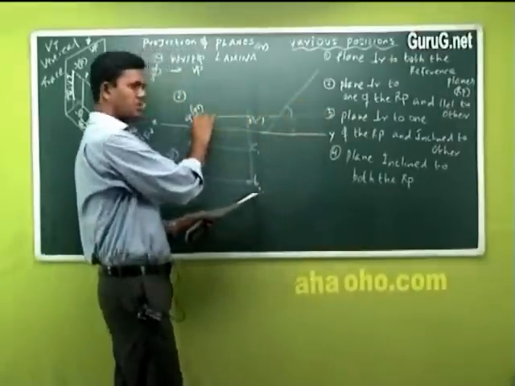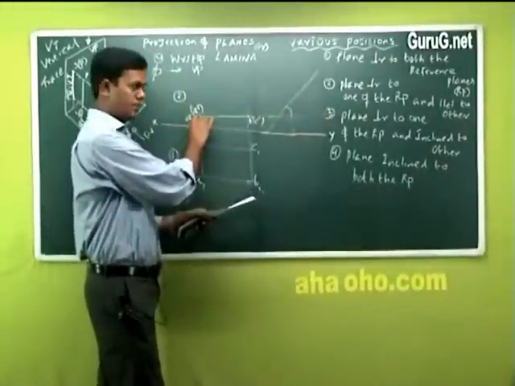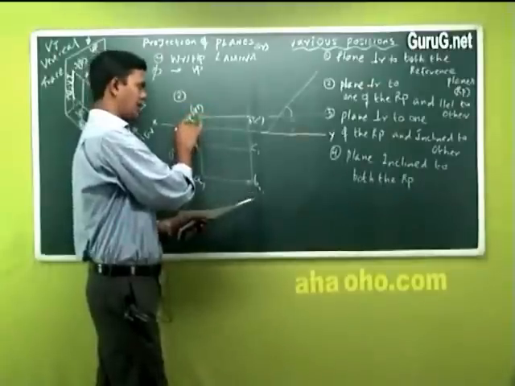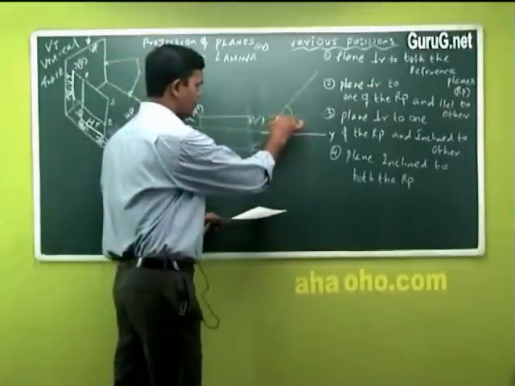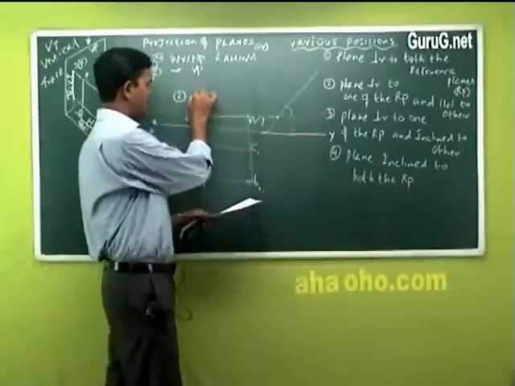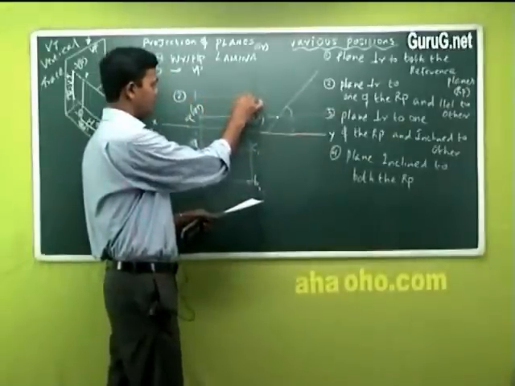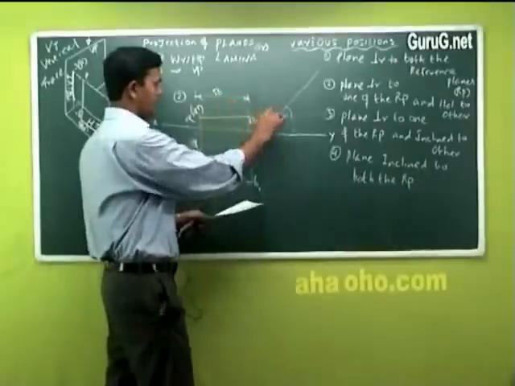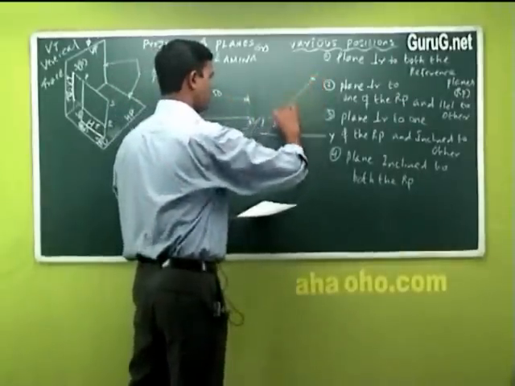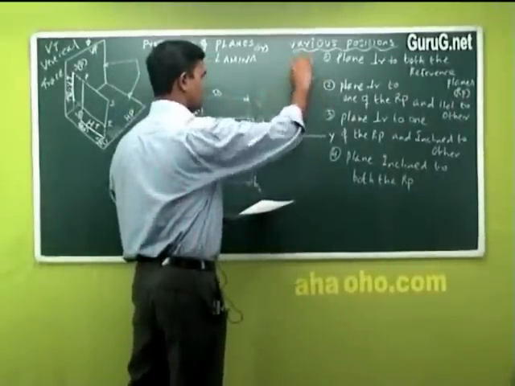And this distance will normally be specified in the question, because at what distance point A or point B will be given, right? So from this point you fix it, and if it is 50 millimeters, say for example, a line of 50 millimeter length, you can take it here and make this line as it is.